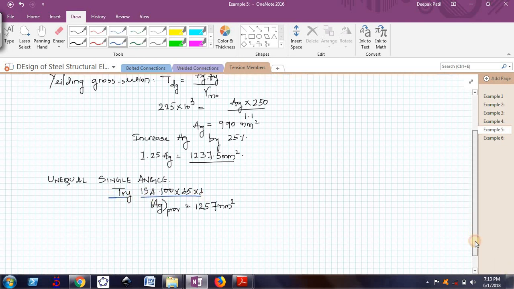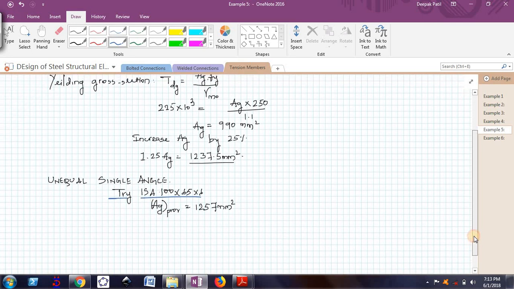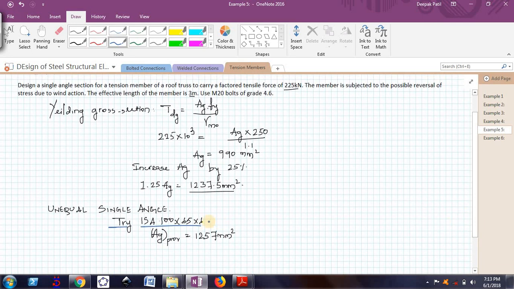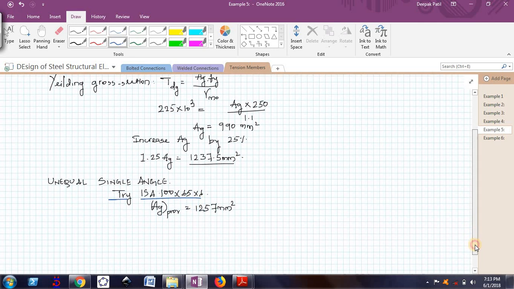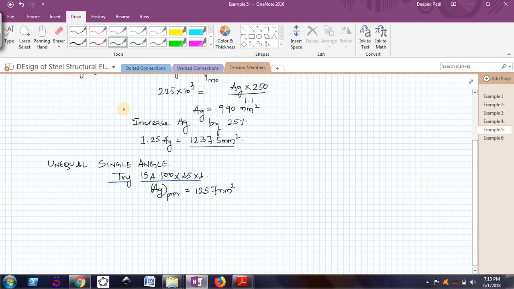Okay, now I will try to find out how many number of bolts are required to connect this angle to a gusset plate to take a load of 225 kN, right? So how many number of bolts are required? So I will just find out that.